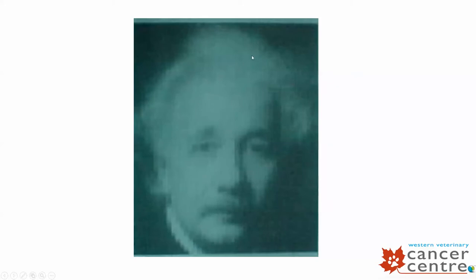This is, I guess, an example of fluence using Albert Einstein as our prop. This is obviously an image of Einstein, and it looks a little grainy and pixelated. The reason for that is this is actually an image that is taken with a dynamic multi-leaf collimator. The way it was achieved is an image of Einstein was scanned in as a grayscale, and that grayscale image is essentially the same as a fluence map.